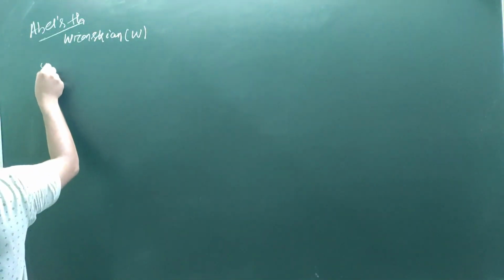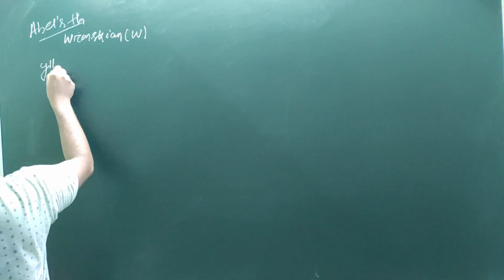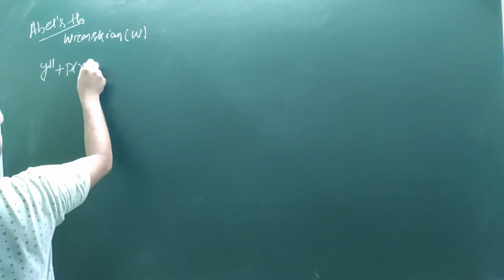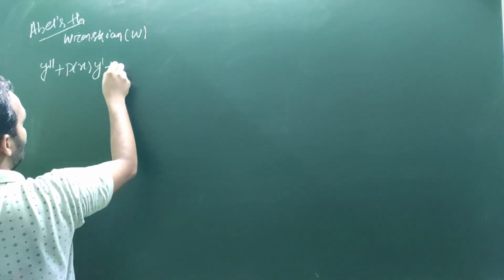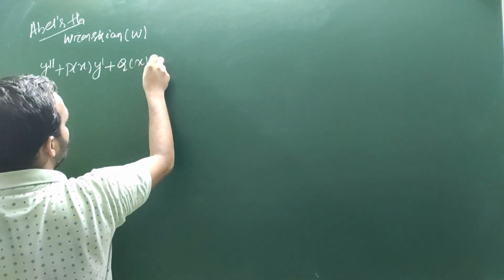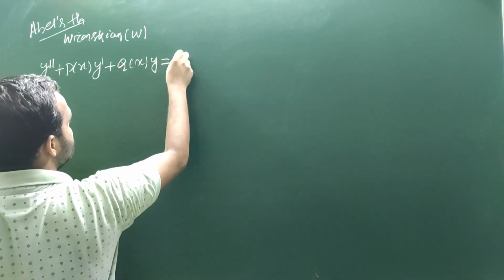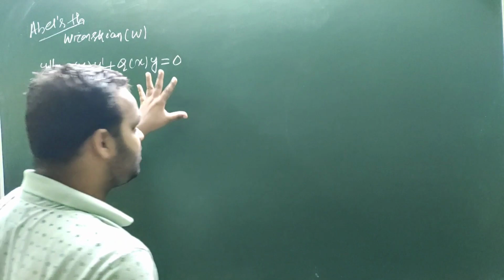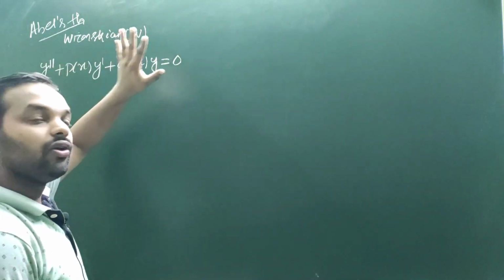For example, let's say I have an equation y double dash plus p of x y dash plus q of x into y is equal to 0. In this kind of differential equation, they will ask the Wronskian.